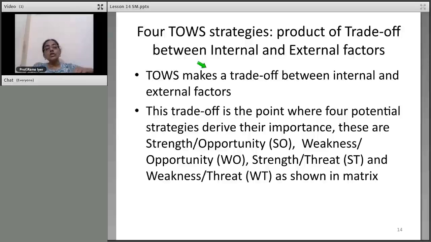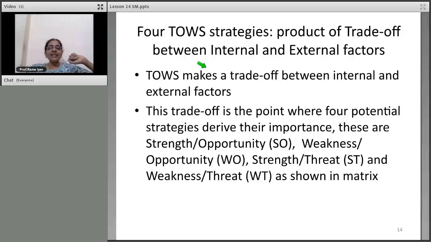If you are looking at strength and opportunity together, or weakness and opportunity together, right? You have a weakness, but there is an opportunity, so how do you work? You have a strength, but there is a threat, so how do you work? That's ST. Weakness and threat, so how do you work? So that way, it's called a trade-off.